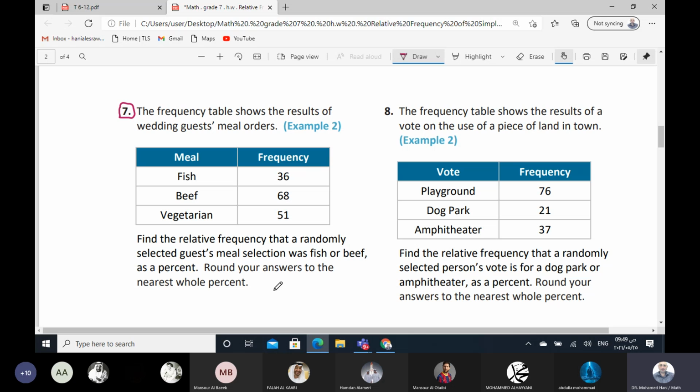Who has a different answer? 60%. What is your name?